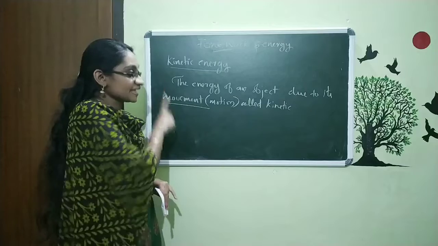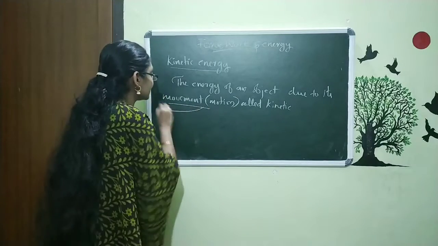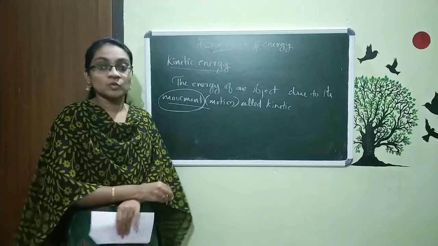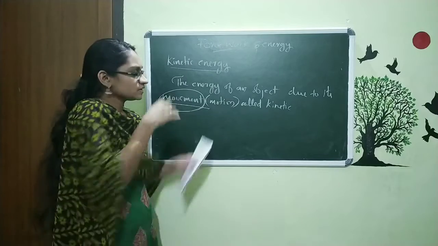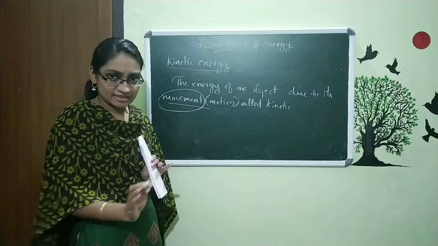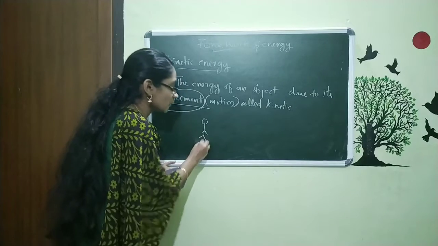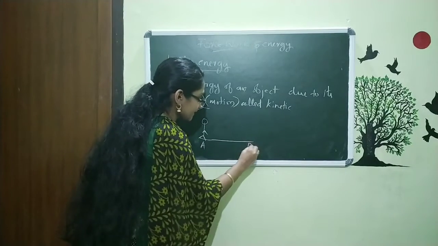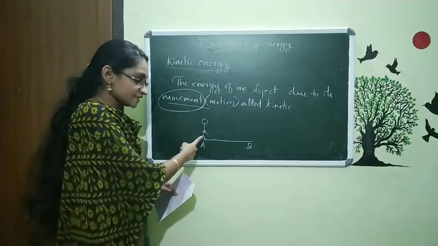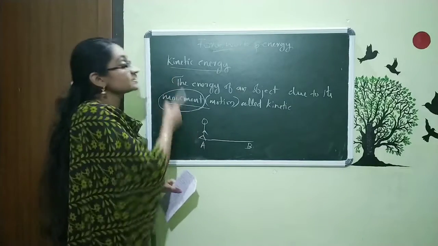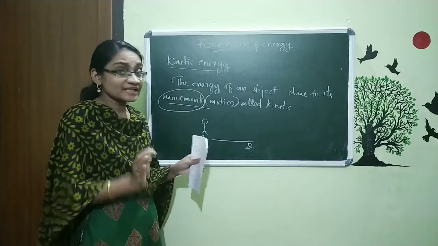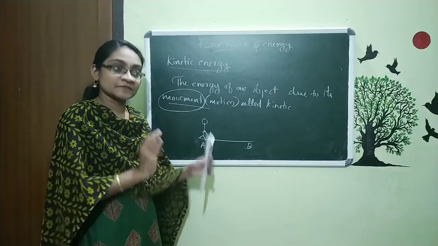For kinetic energy, you want to remember the term movement. Movement means moving from one place to another. Suppose one person is walking from point A to B. We can say this person is moving. So of course this person has kinetic energy, but it is different from one person to another.